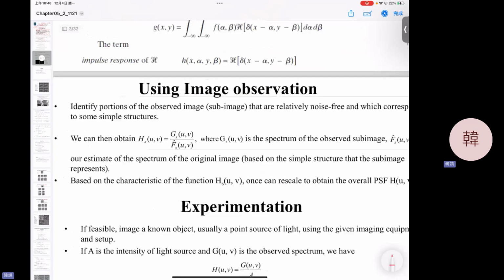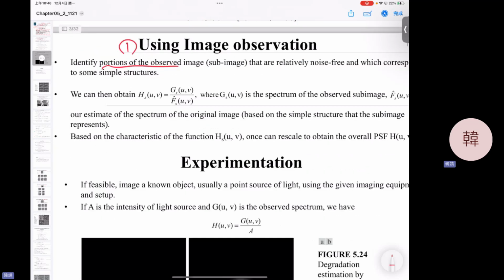So identify a portion of the image. We have 3. The first one is to use image observation. You just observe your obtained image and then try to see what kind of degradation model it has. The second one is to do an experiment, in experimental design. Which means you have your imaging system, how you get your image, and then you use a spike light source to go through and check your degradation model from your imaging system directly.